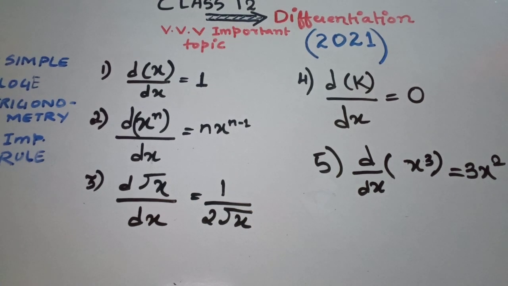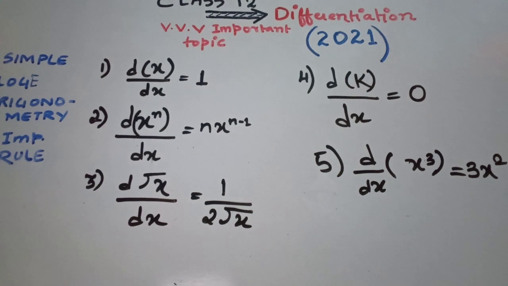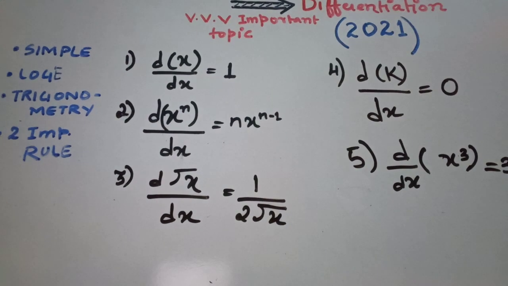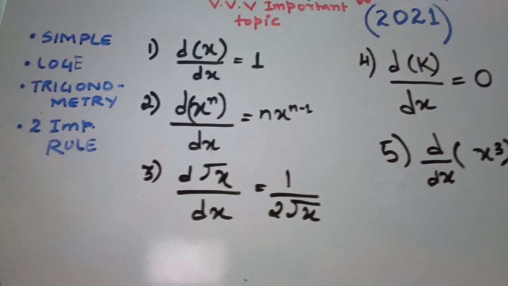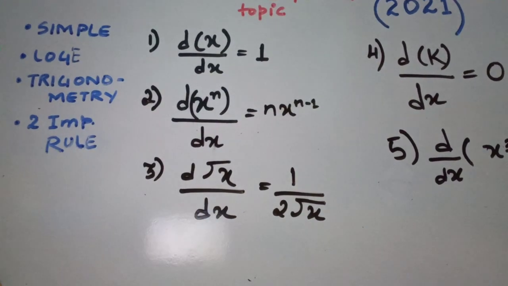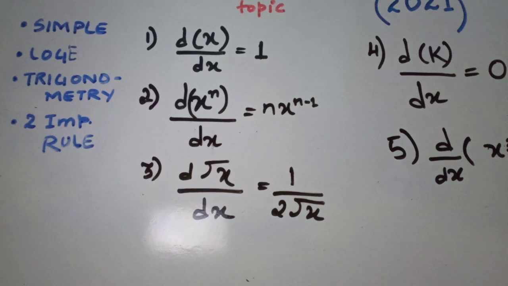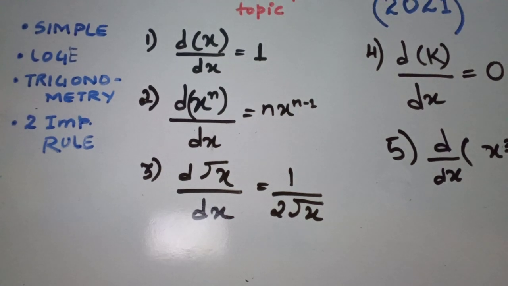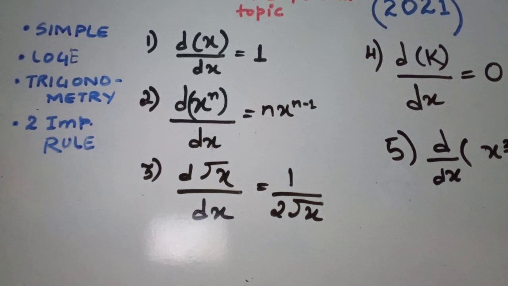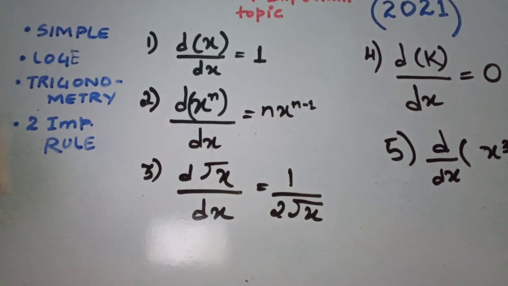First of all, I want to introduce you to the 4 very important points, the summary of today's topic. First is simple, second is log, third is trigonometry, and fourth is two important rules. Simple means the simple formulas. Log means the formulas that are correlated with log.